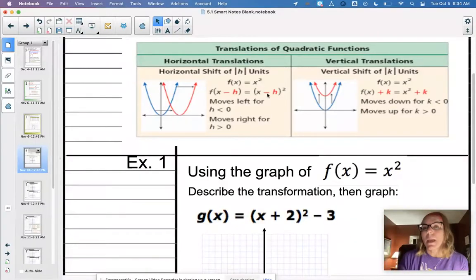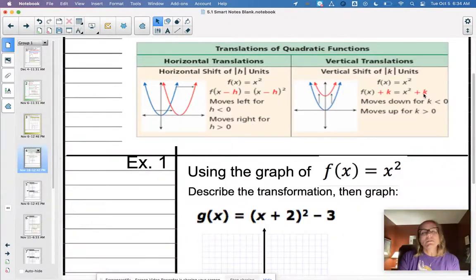So if it's x minus h, that means we're moving to the right. x plus h, we're moving to the left. And what you're going to find in our example is, as we go through this, if it's an x plus h, that means your h is negative, because a negative times a negative is a positive. So that's what this is referring to.